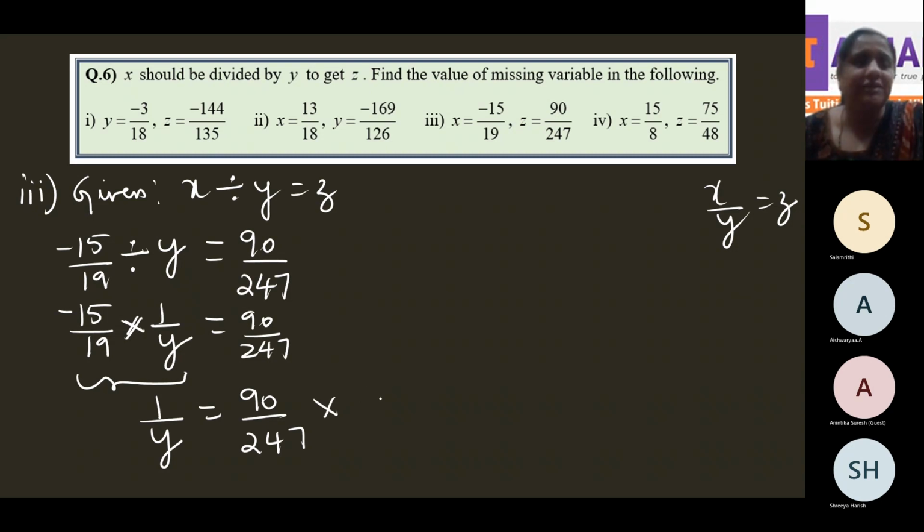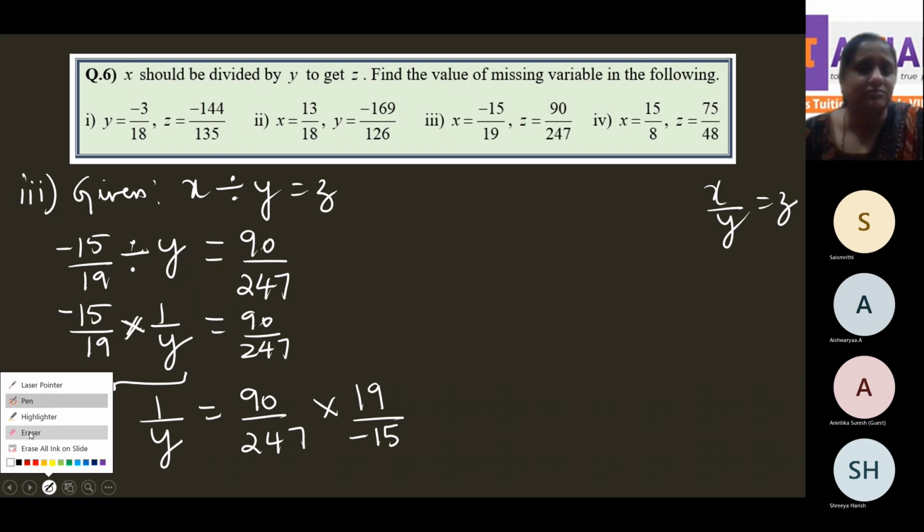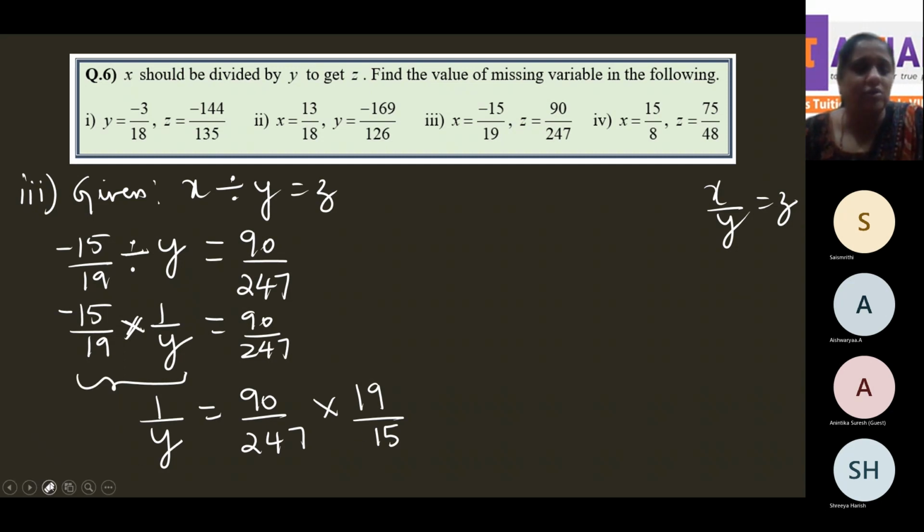So when minus 15 by 19 is transposed or taken to the other side, it is written as its reciprocal, 19 by minus 15 or minus 19 by 15. Don't worry where you put the minus sign. You can put it in the numerator or in the denominator, anywhere. That's okay.